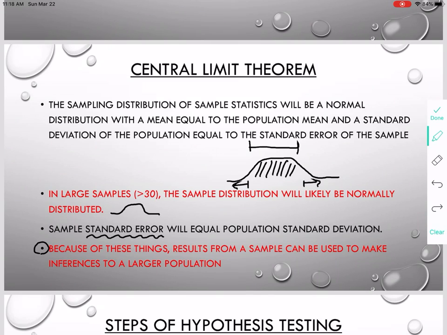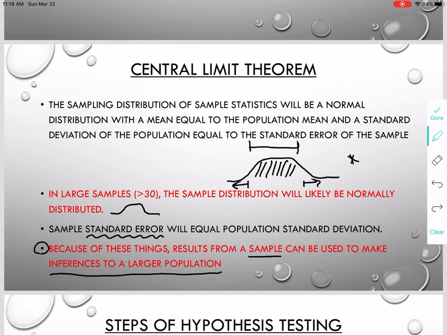But what really does this mean, aside from all that math? The central limit theorem. If we get a sample that is representative of our testing population, then we can use that sample data to make inferences to a larger population. That's the central limit theorem.